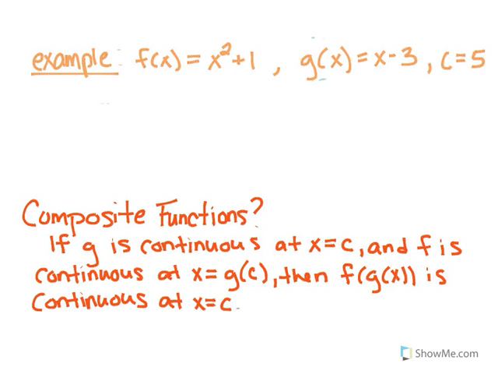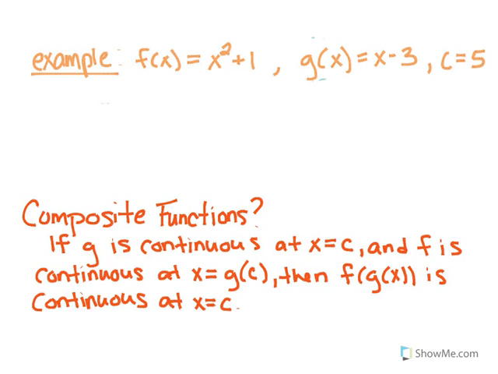So let's take a look at an example of this. So I'm going to have f of x equals x squared plus 1, g of x equals x minus 3, and we're going to take a look at the continuity of the composition of these two functions at c equals 5.